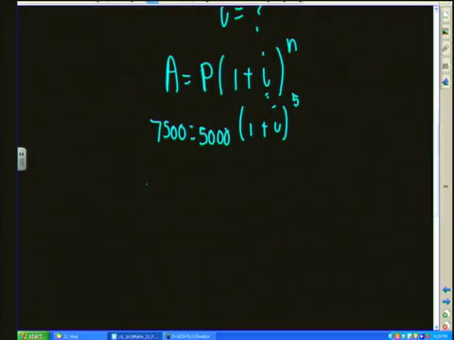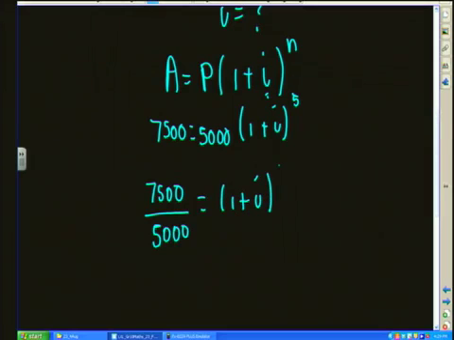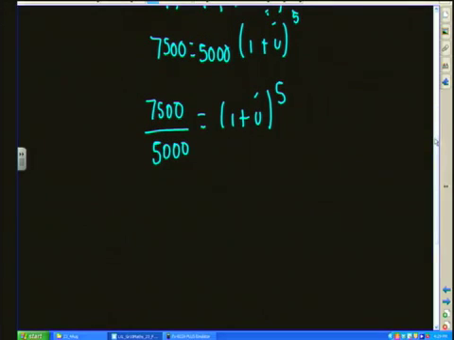All right, so let's divide through by the 5,000. So I get 7,500 divided by 5,000 is equal to 1 plus I to the power of 5. You want to get rid of the power 5. We can take the 5th root on both sides, or we raise both sides to the power 1 over 5. It's the exact same thing, because remember, the 5th root is the same as raising to the power 1 over 5.